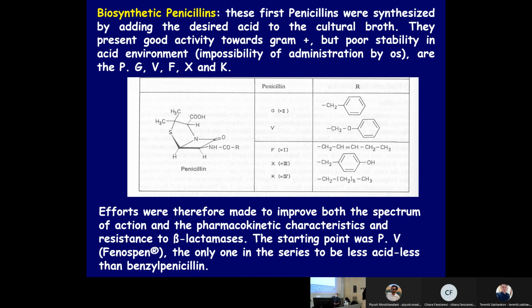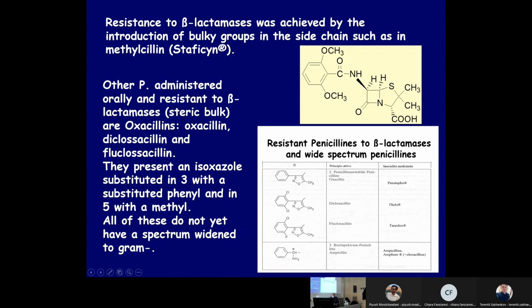After these two important penicillins, other penicillins were developed, but they are not so important as the two first penicillins, G and V. After these two important penicillins, the scientists try to introduce some bulky substituents on the aromatic ring.